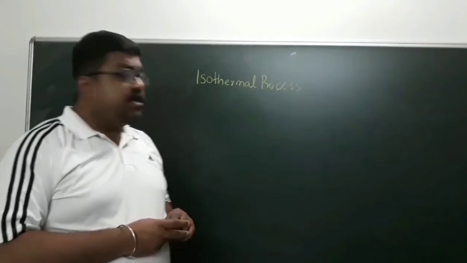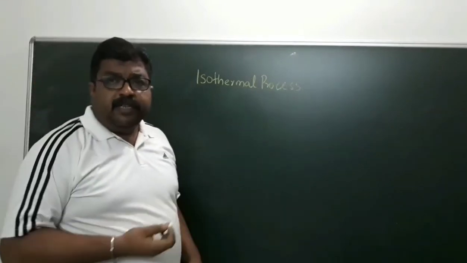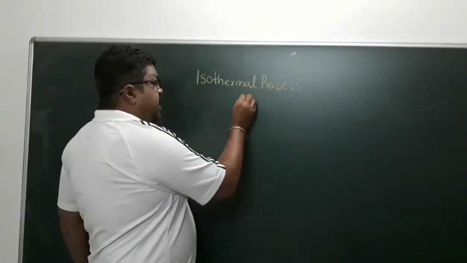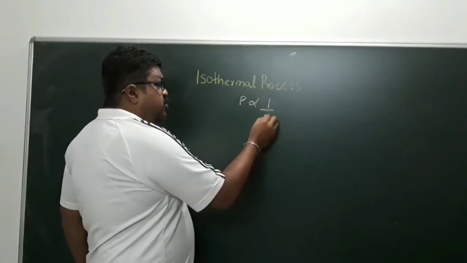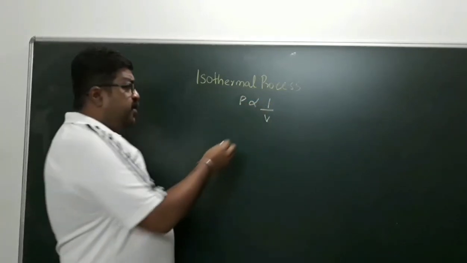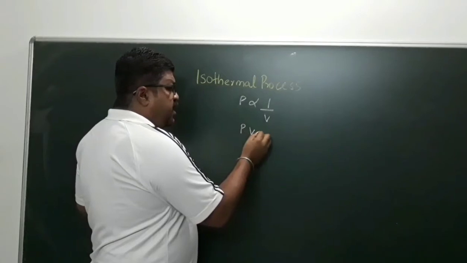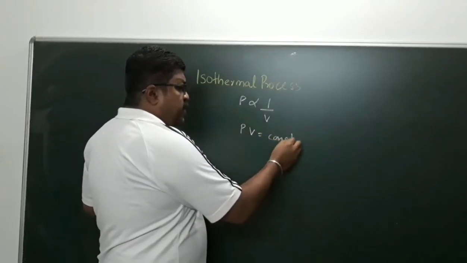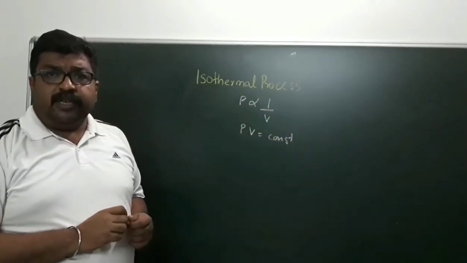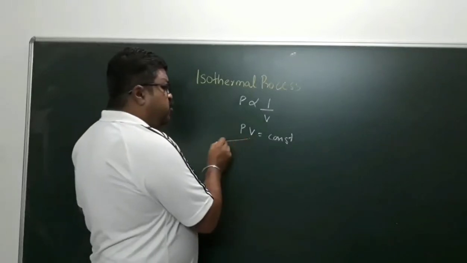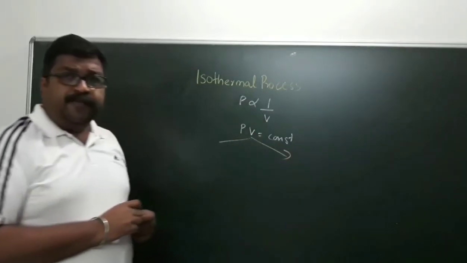Now for an isothermal process, as we have seen, temperature is constant and pressure and volume vary according to this equation. So we have PV is equal to constant. Now we are going to infer two things from this.